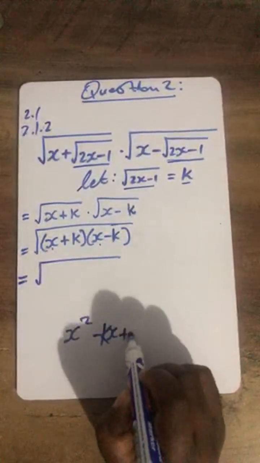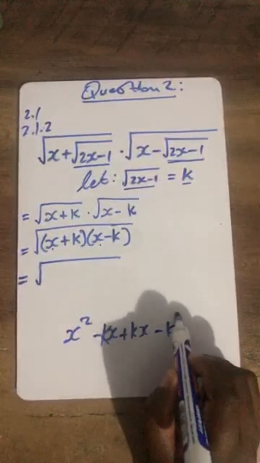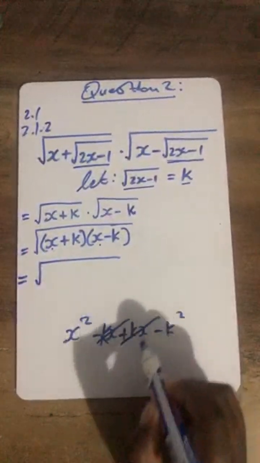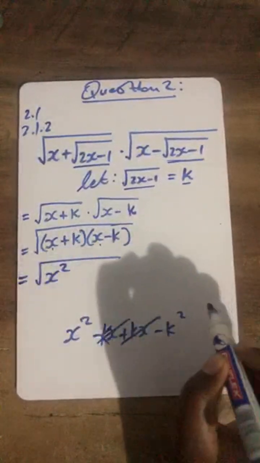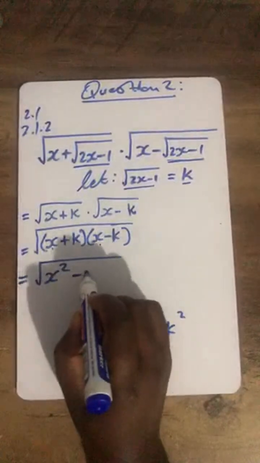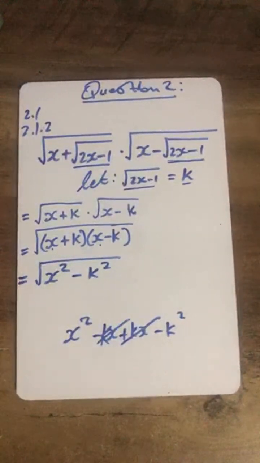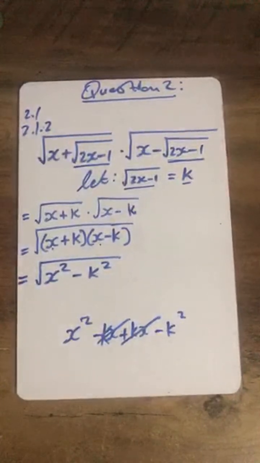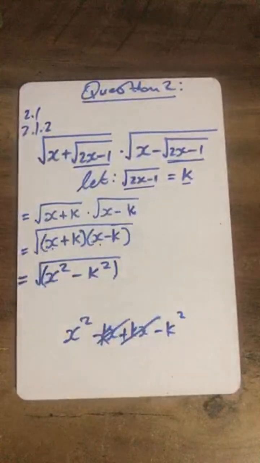That by that will give us plus kx. That by that will give us minus k squared. So that will cancel with that. Then inside, you remain with x squared minus k squared. Yes, that's what you remain with there.